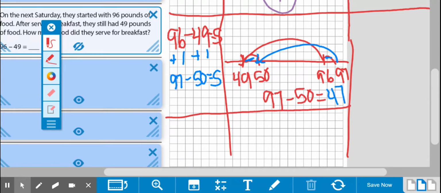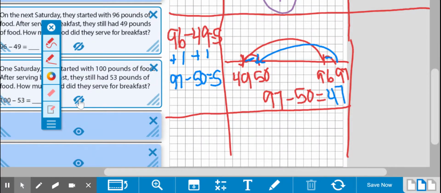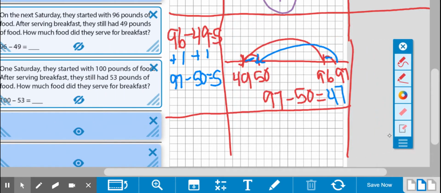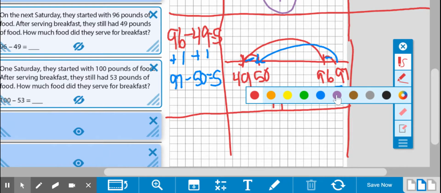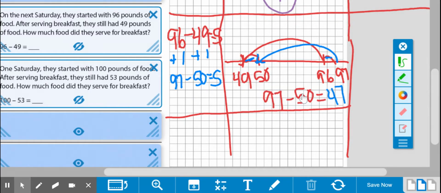Okay, next problem is right here. One Saturday, they started with 100 pounds of food. After serving breakfast, they still had 53 pounds. So let me use a different color just to show. 100 minus 53 equals how much food did they serve?